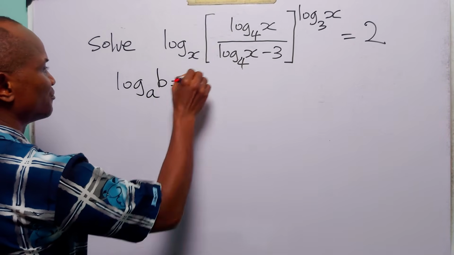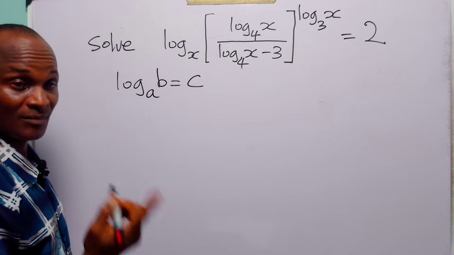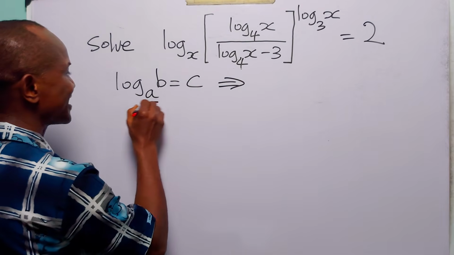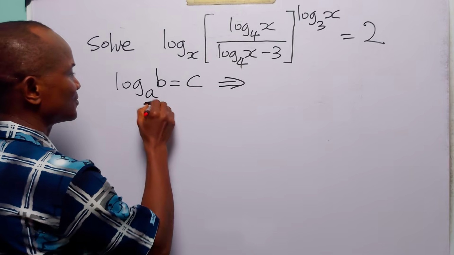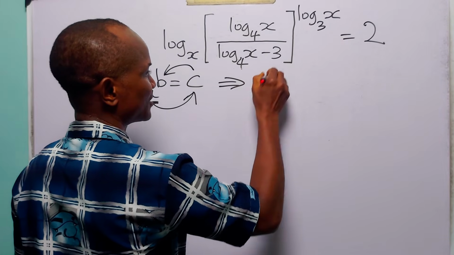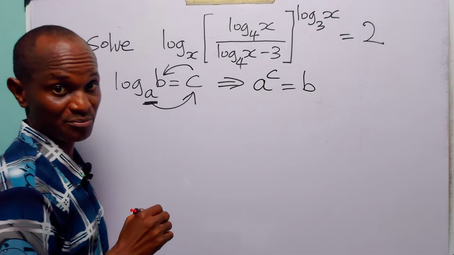base a of b is equal to c, we can also write this in exponential form as a, that is the base, to the power c is equal to b. So we have that a to the power c is equal to b.